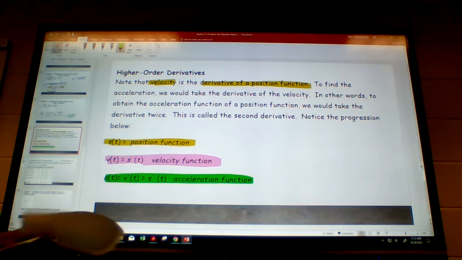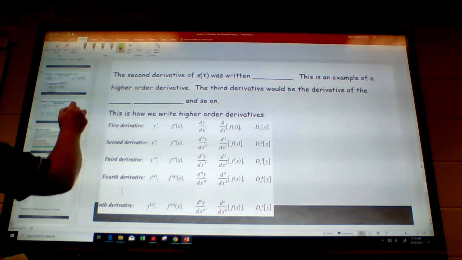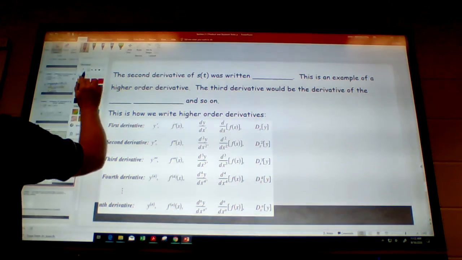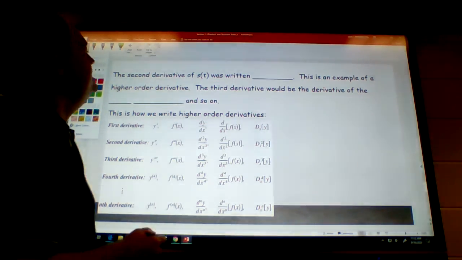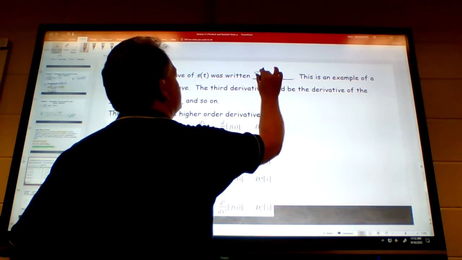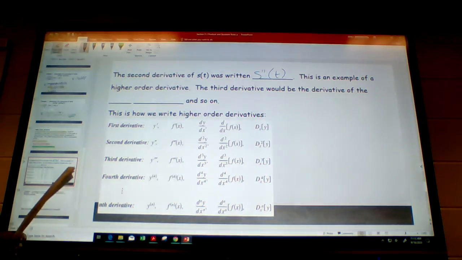The second derivative of s of t is written as s double prime of t. This is an example of a higher order derivative.